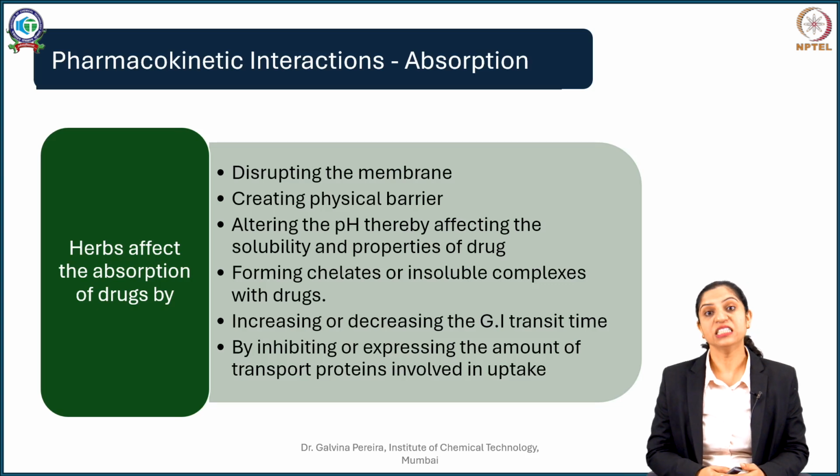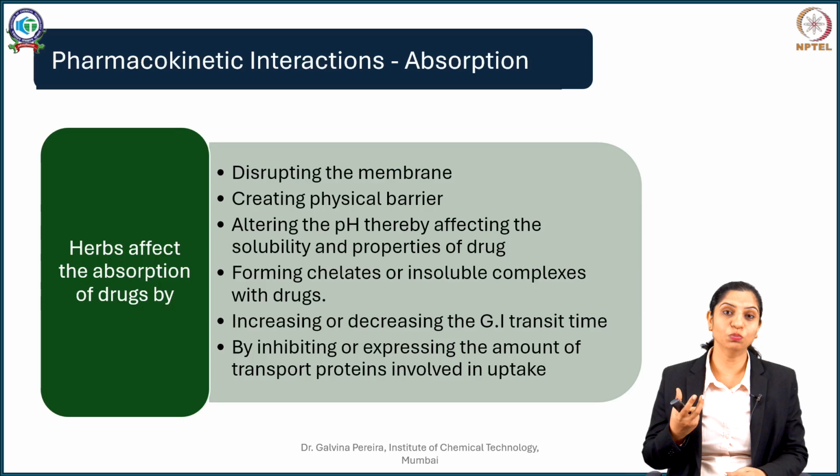Not only that, at certain times we will see that drugs create a physical barrier. I will give you a simple instance. Take for example, you are consuming something which is more viscous or mucilaginous. Imagine it like oats porridge, or imagine a very viscous isabgol which is swollen.